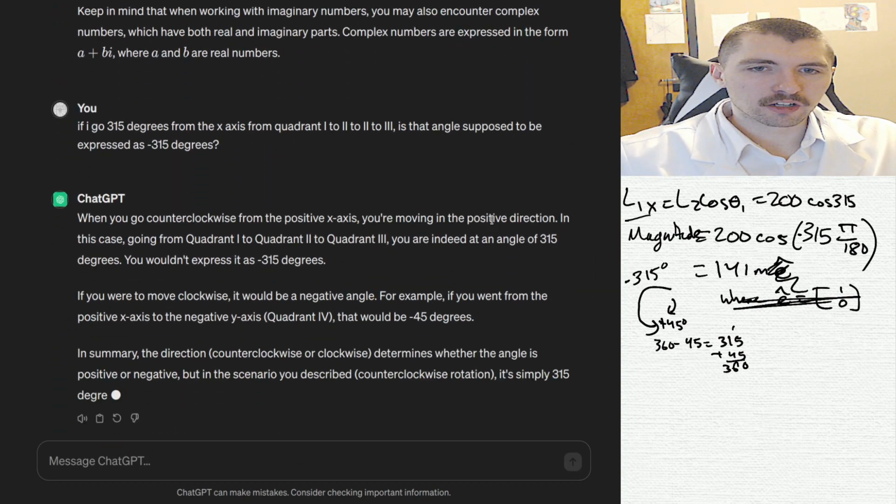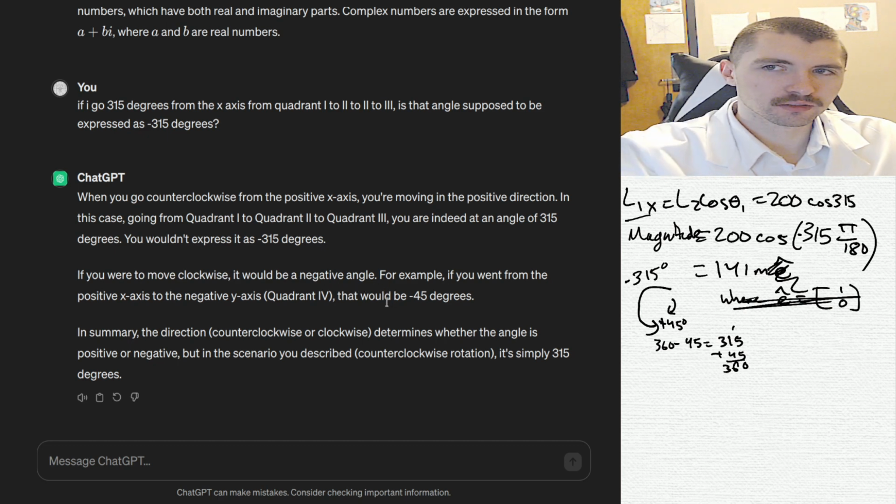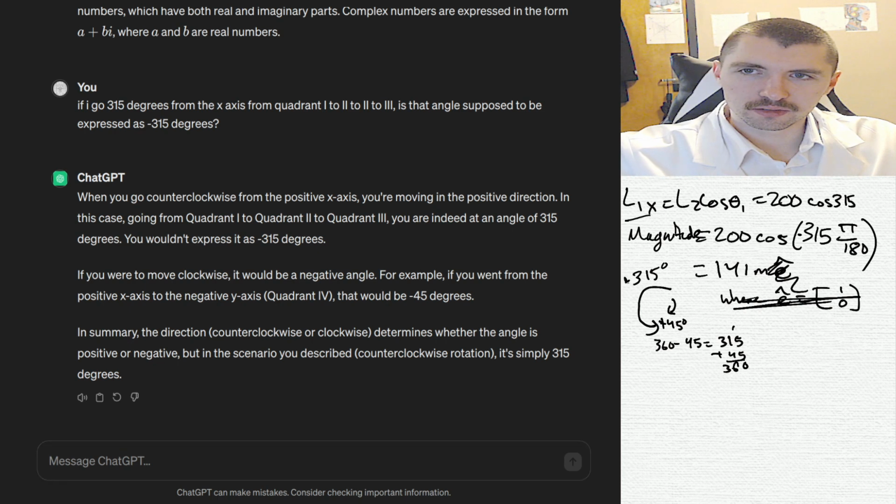We go counterclockwise, moving in the positive direction. In this case, we're indeed going that way. If you were to move clockwise, it would be a negative angle. Okay. So you could go plus 315, or you could go negative 45.